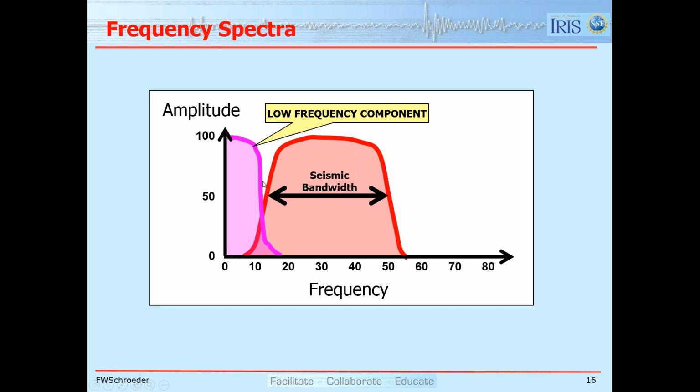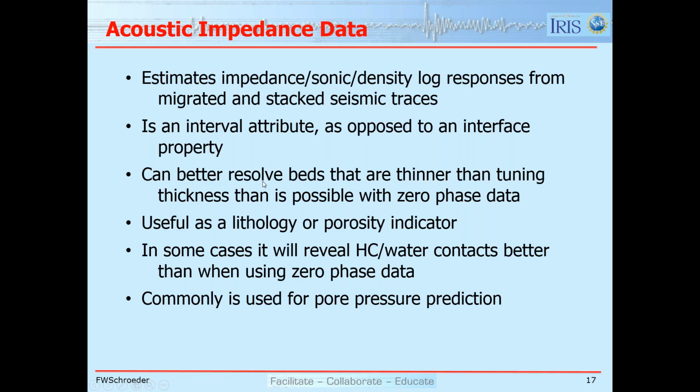And also, if we do have impedance logs, sonic and density multiplied together to get us an impedance log at well locations, we can use the available well data to also give us a low frequency component. So the acoustic impedance data estimates the impedance, which is a function of the sonic and the density log responses.